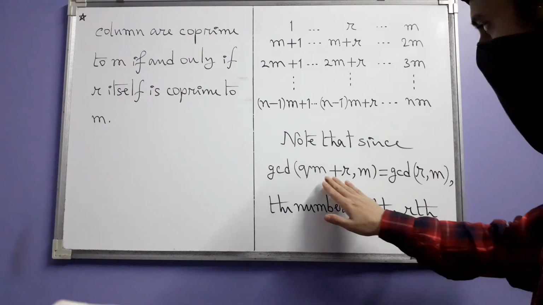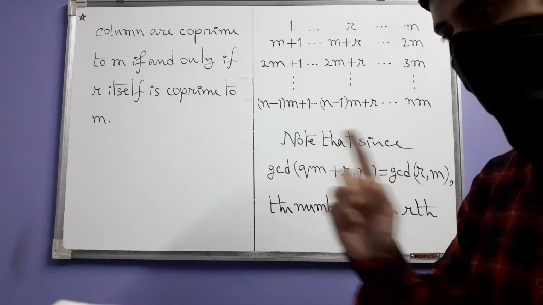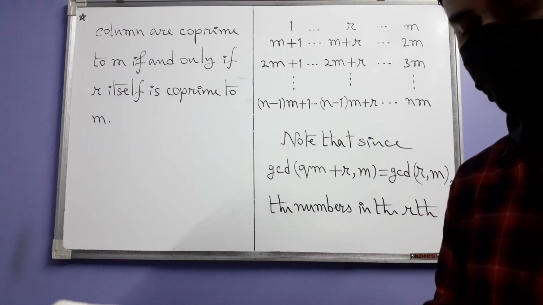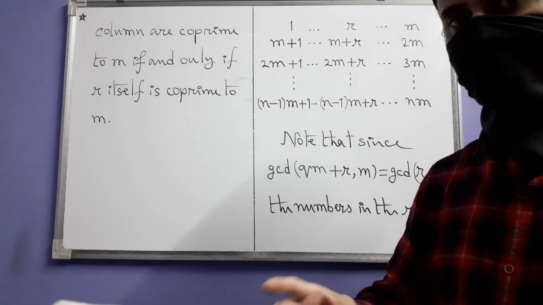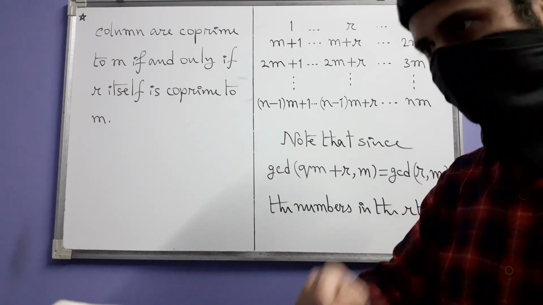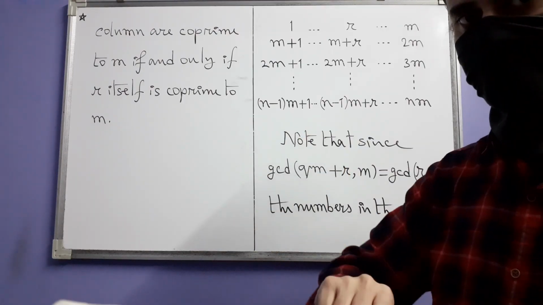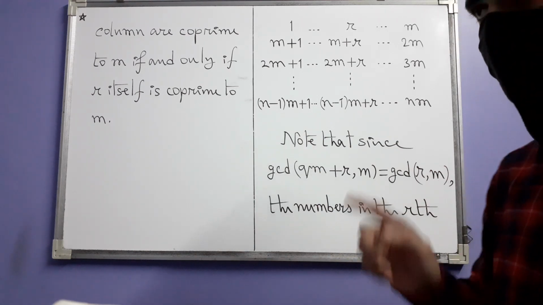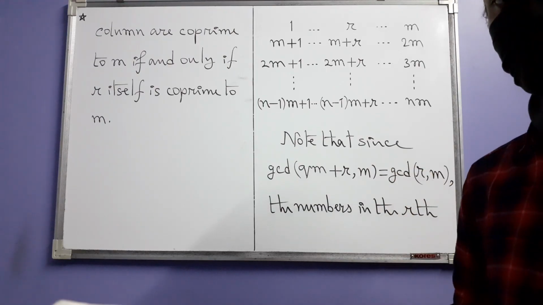If you are thinking about how this is equal to this, you recall what you did when proving the Euclidean algorithm. I mean that algorithm which lets you calculate GCD in an effective way, where you again and again divide. First you divide one of the numbers by the other, then you divide the divisor by the remainder, that thing. There, that algorithm itself rests on this observation.